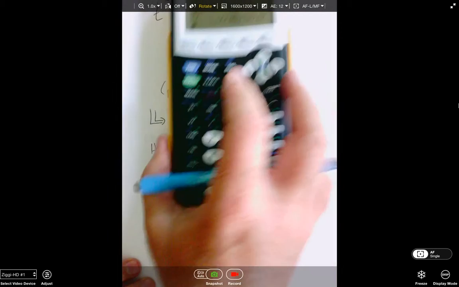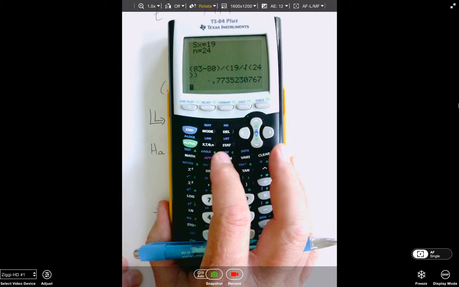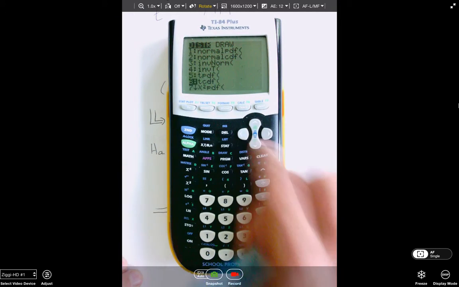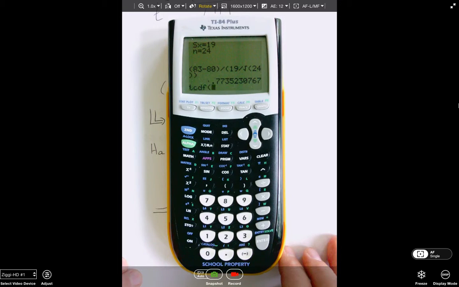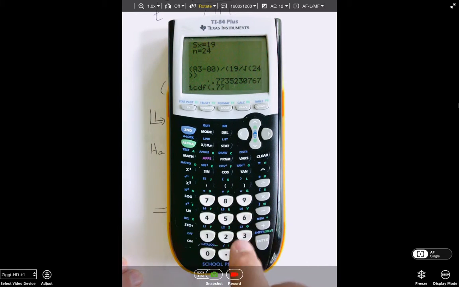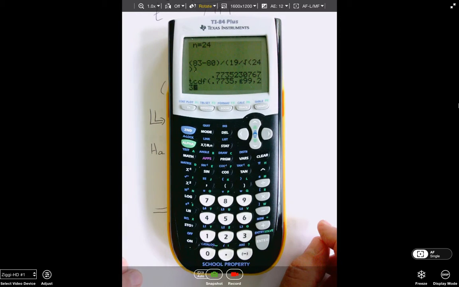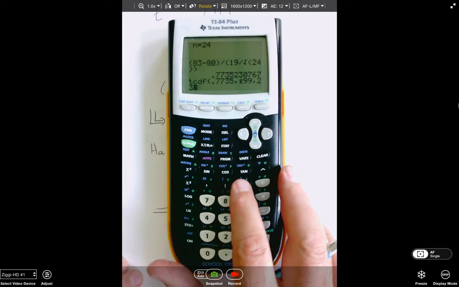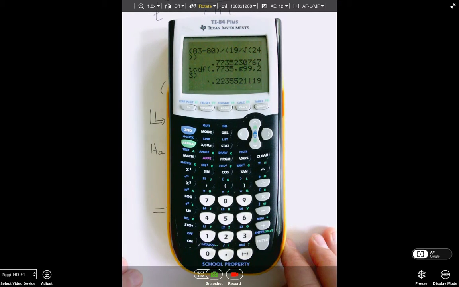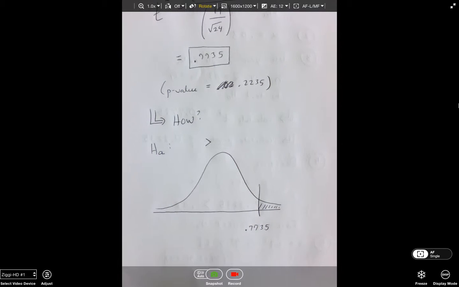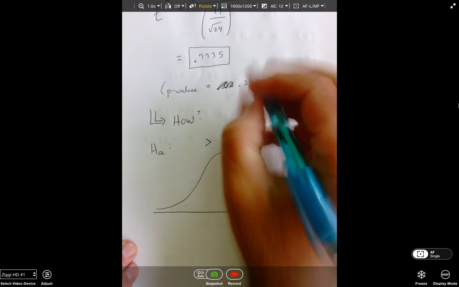And guys, we're going to use our calculator to make that calculation. tcdf of 0.7735 up to infinity, with the degrees of freedom, remember sample size is 24, so we use 23. We don't multiply by 2 because we're not doing a two-tail test. We're doing a one-tail test, just as I said before. So our p-value we can see is 0.2235.